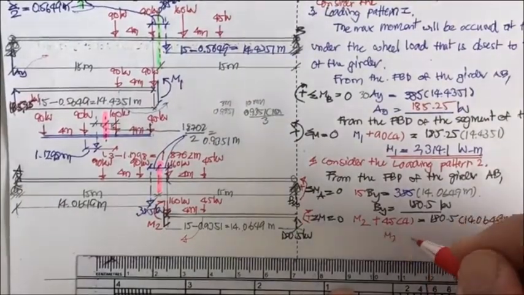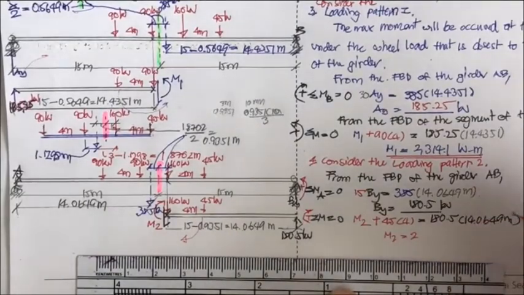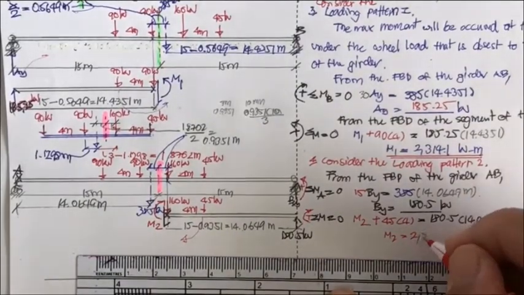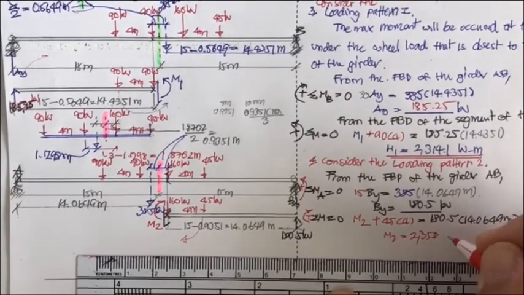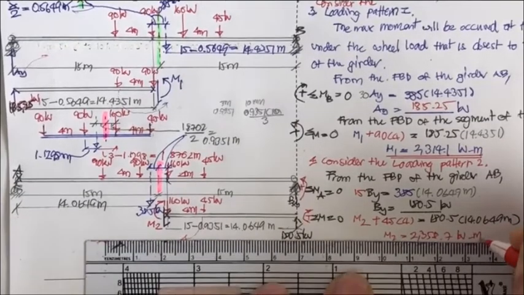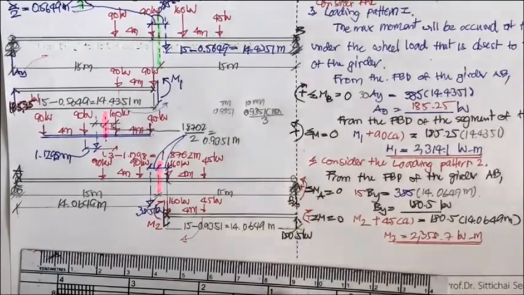M2 is going to be 2,358.7 kilonewton meter. That's a little bit larger than the M1.